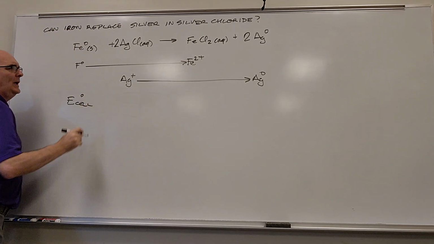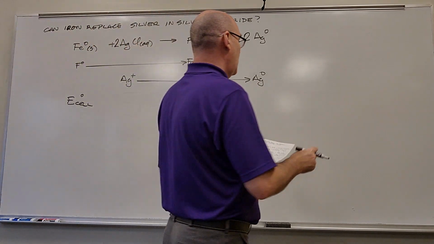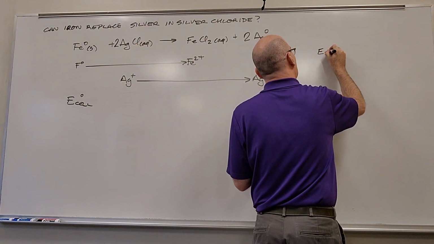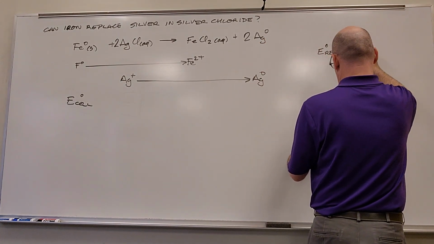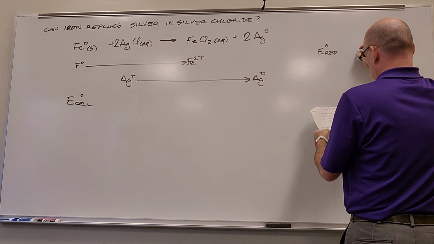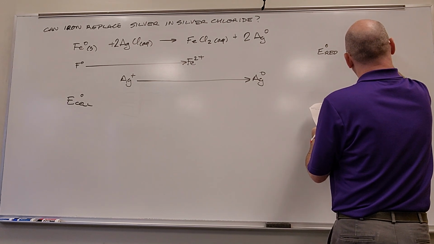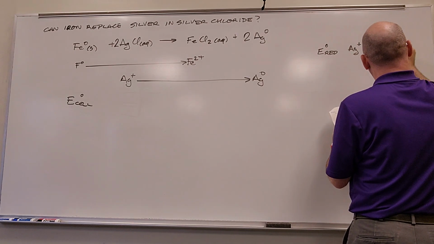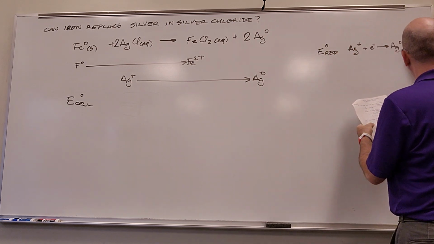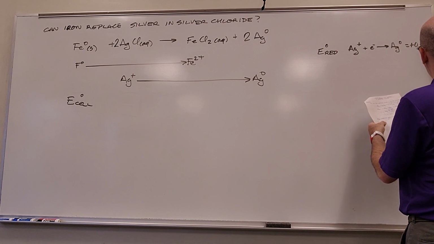So we had the value of iron a minute ago, but we didn't have it for silver. Okay. So I need to know the reduction potentials. For Ag+ plus an electron goes to Ag0, that value is plus 0.80 volts.